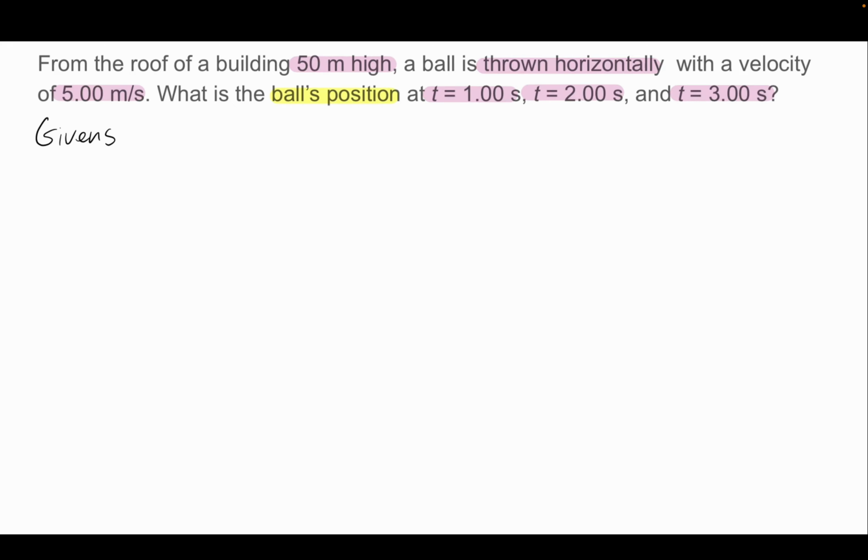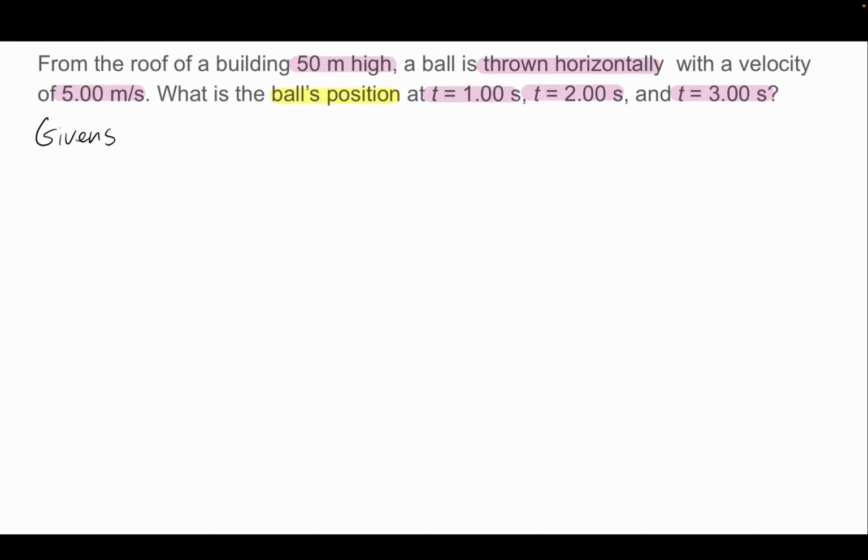Its YI is 50. At some point, its YF will be 0 when it hits the ground. At the same time, because it's being thrown horizontally, its XI will be 0, but its X at 1 second, at 2 seconds, and at 3 seconds will be different. So that's my issue with this question.